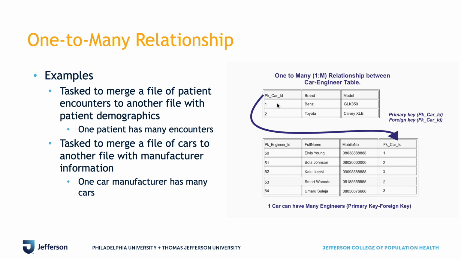So while this ID is unique, there's just 1 row per unique car ID in this table. There are multiple rows of the unique car ID of 2 in this table. So if you're to join over, and let's say you're joining all of the engineer information to the car, your output will have 2 rows for the Toyota Camry and 1 row for the Benz. And so your output will be 3 rows instead of just 2, no matter if you use this as the left table or the right table.